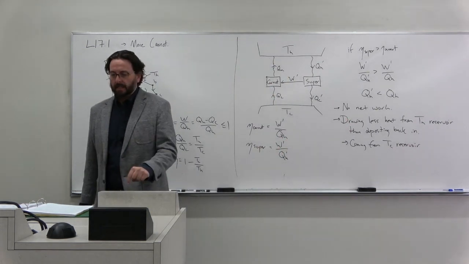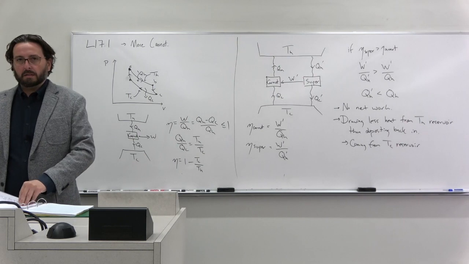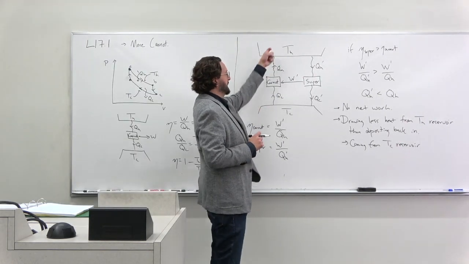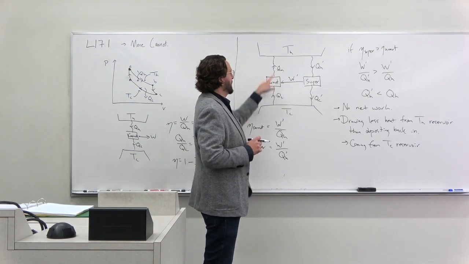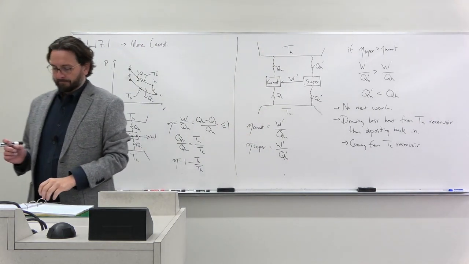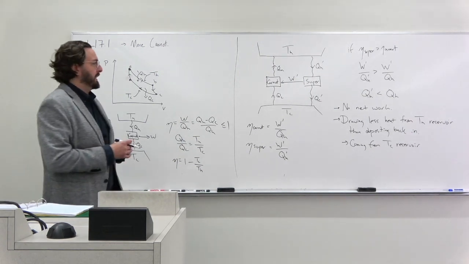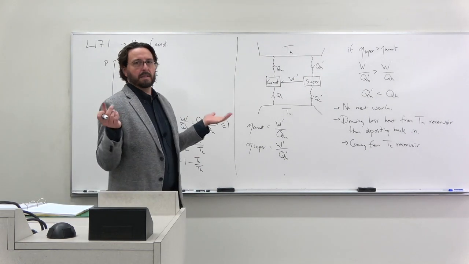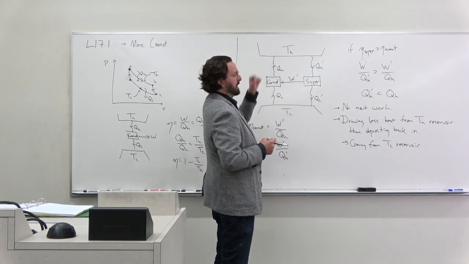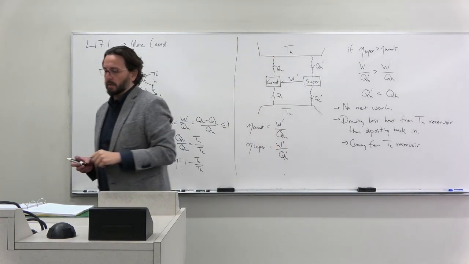Remember, this violates the second law of thermodynamics. You cannot have a process where you spontaneously take heat from the cold object and it flows to a hot object. All right? This is a violation of the second law, and it's a violation of common sense. You know that heat doesn't flow from cold to hot. It flows from hot to cold.